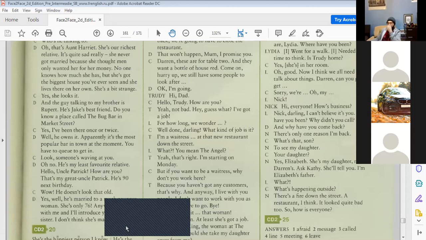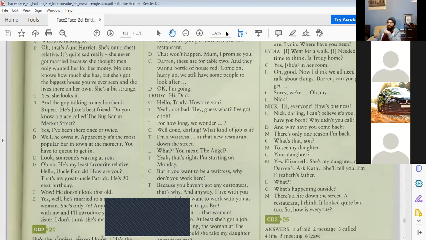Where have you been? Why didn't you call? And why have you come back? There's only one reason I'm back. What's that, son? To see my daughter. Your daughter? Yes. Elizabeth. She's my daughter, not Darren's. Ask Kathy. She'll tell you. I'm Elizabeth's father. What? What's happening outside? There's a fire down the street. A restaurant, I think. It looked quite bad, too. So, how is everyone?